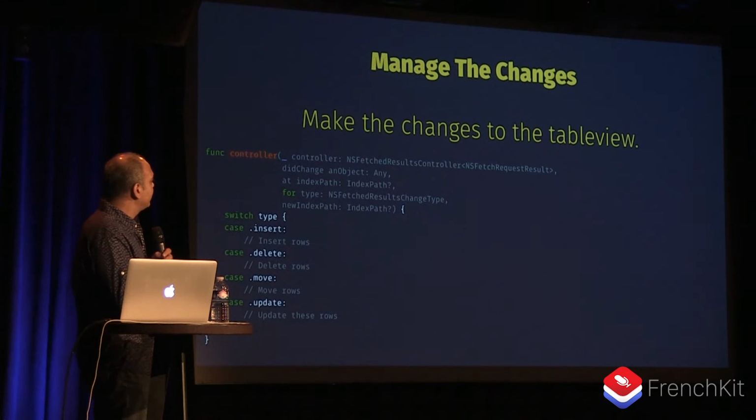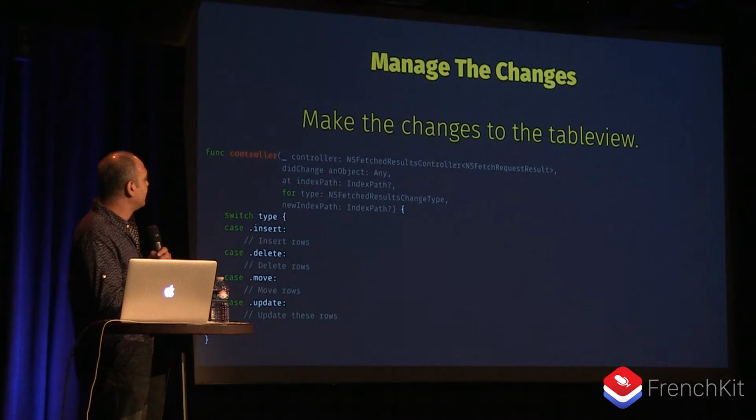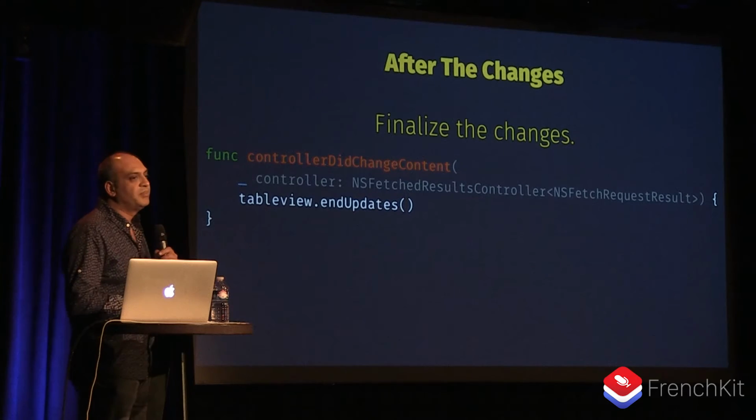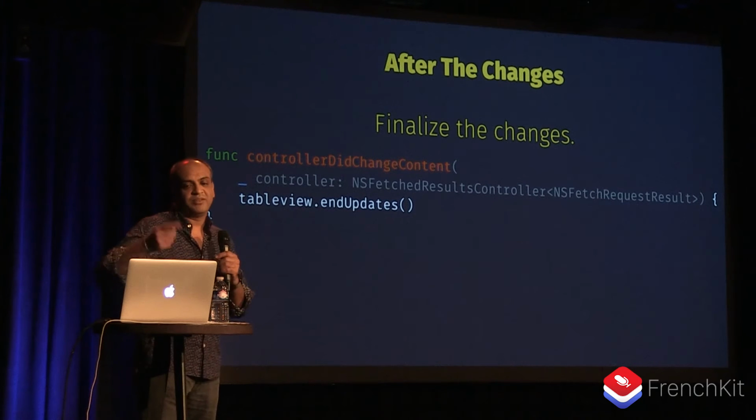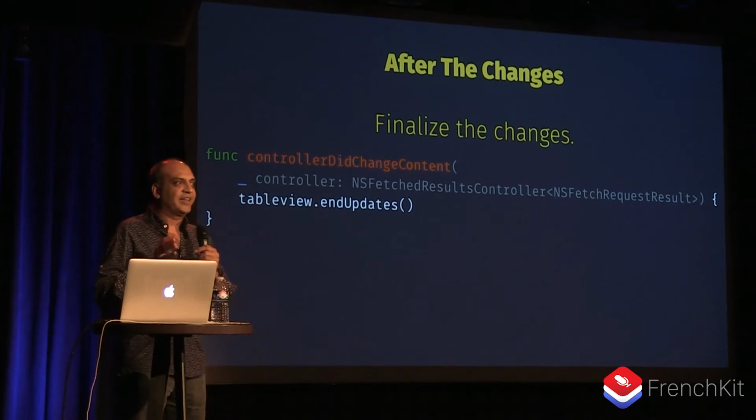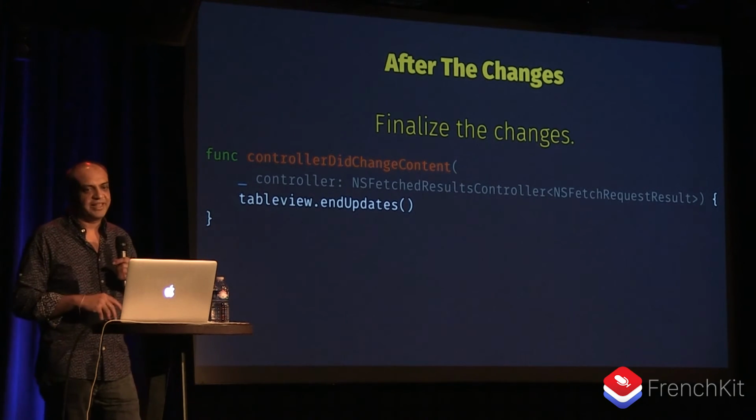I changed this object at this index path with this change type, and there may be a new index path for it. So I can do something on an insert, delete, move, or update, and manage your rows. And then didChangeContent, simply just endUpdates, and all the changes are pushed through, and you don't get any of those index path count before or after malarkeys.